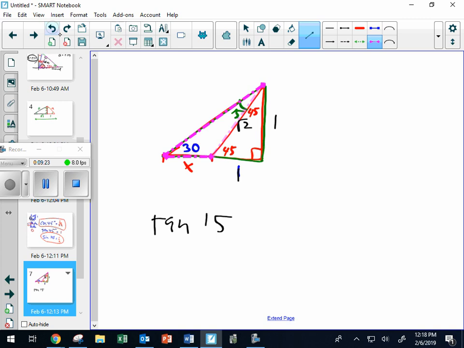All right. What else you got? Who thinks they got something? Yes, ma'am. And how did you get this? Since it's a 30, 60, 90, this guy here is a 30, 60, 90. Did you actually draw a little one off to the side like this? I'm just curious. Okay, all right.